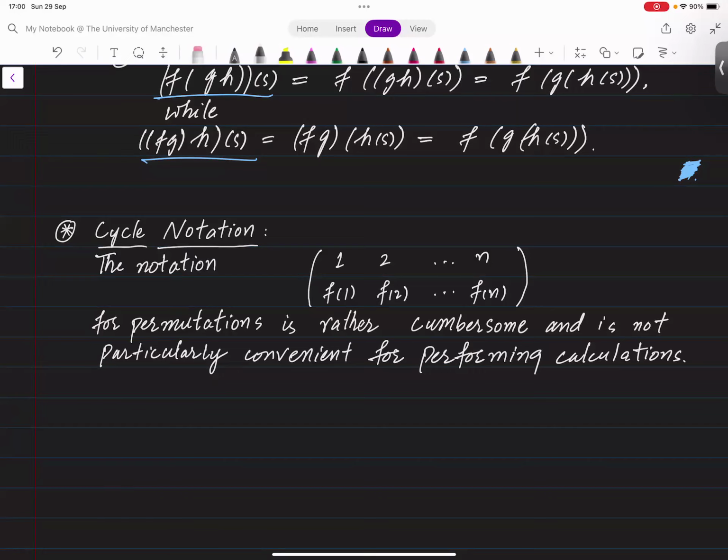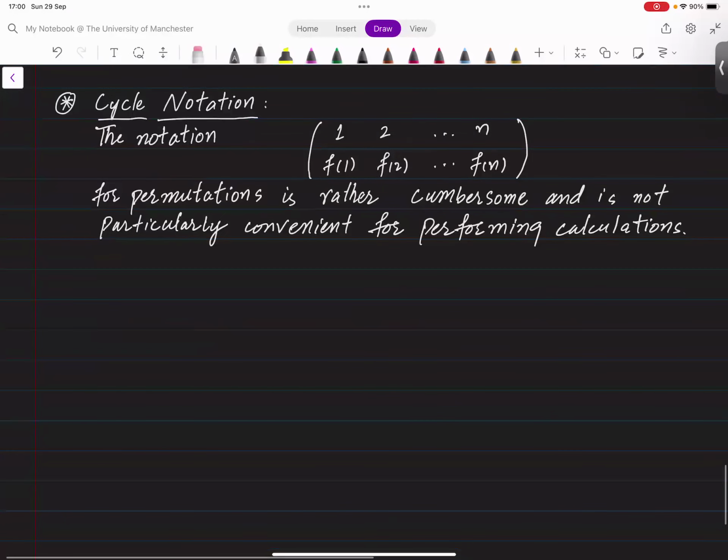There is a much more compact and useful notation, the cycle notation for permutations, which I will now describe.